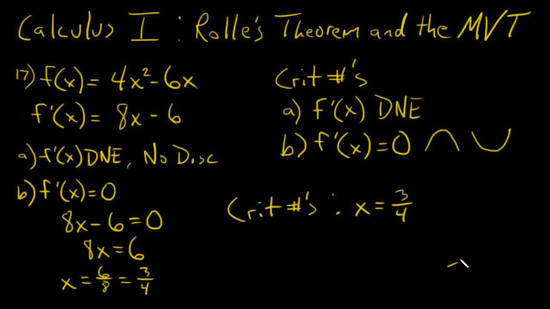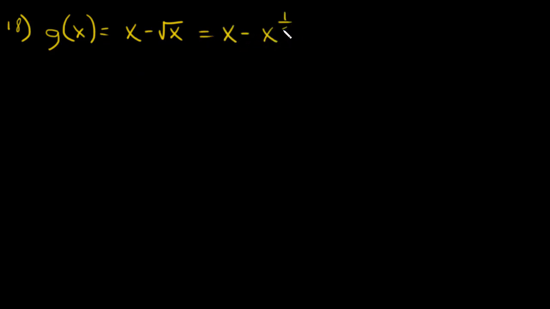So the next one, let me clear this, was number 18. So 18, a little more interesting. We had g of x is equal to x minus root x. First thing I'm going to do is rewrite this into x minus x to the 1/2 so that I can actually take the derivative.